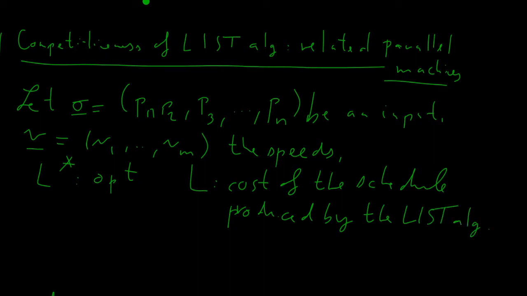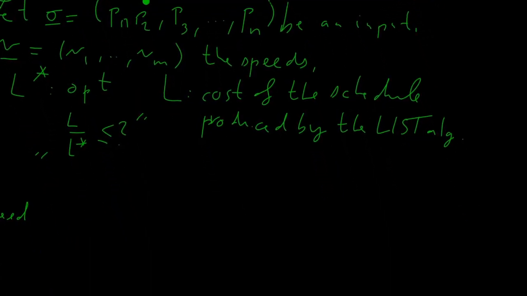I will prove that L divided by L star is at most something, and this something will be around log m, where m is the number of machines.